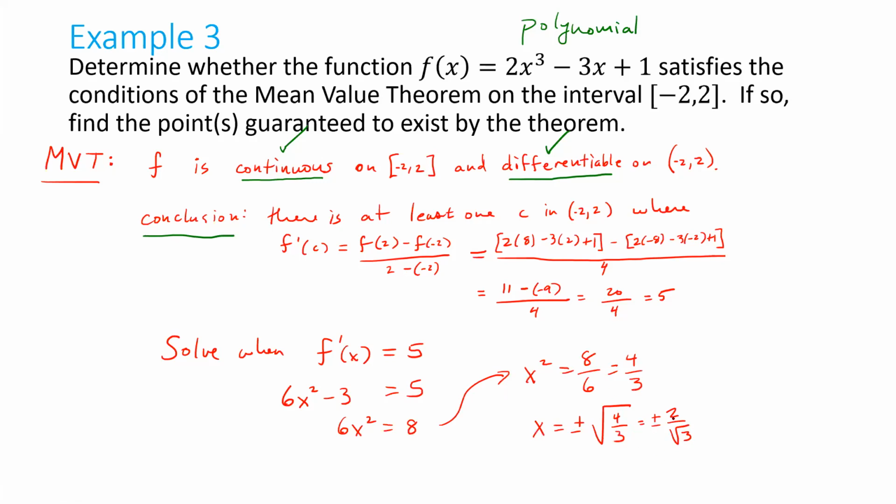Notice that those points are both on the interval from -2 to 2. So these, both -2 over radical 3 and +2 over radical 3, are in that interval.